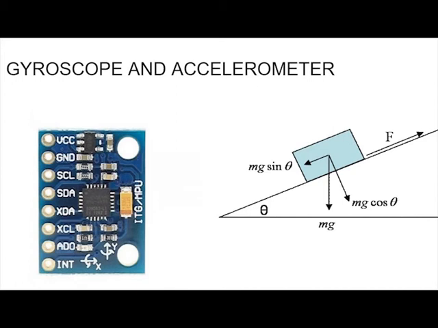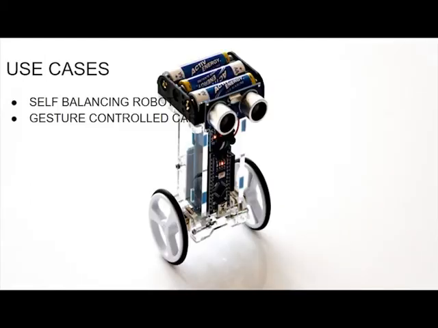Now the practical implementation of this sensor can be used with a manually controlled robot or an autonomous robot. The example of an autonomous robot using this sensor is a self-balancing robot. As you can see in the illustration, this also has an ultrasonic sensor to avoid any obstruction. This basically maintains the orientation with the controlled movement of the motor.